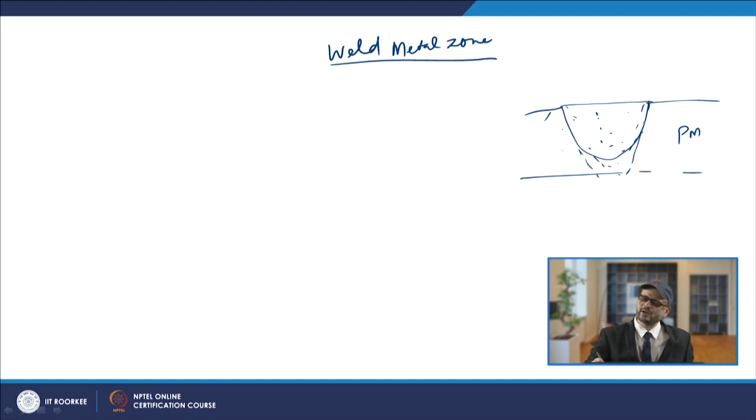As you have understood, on this point you will have the nucleation starting, because at this point the liquid metal in this pool will be in touch with this base metal. So, you will have the largest undercooling experienced by the grains present here, and from here nucleation will start, and because of the large undercooling you will have very fine grains formed here.